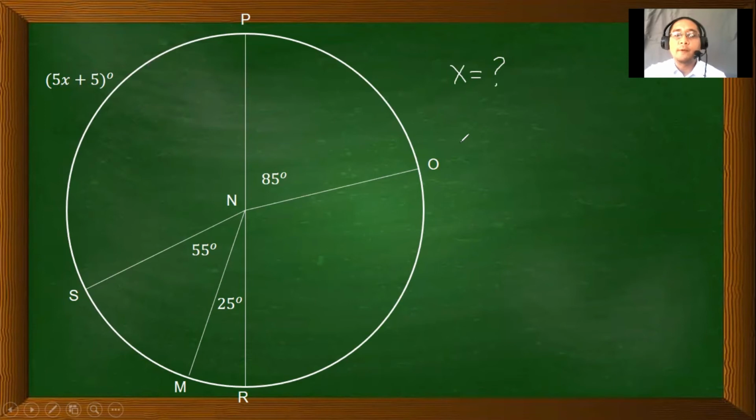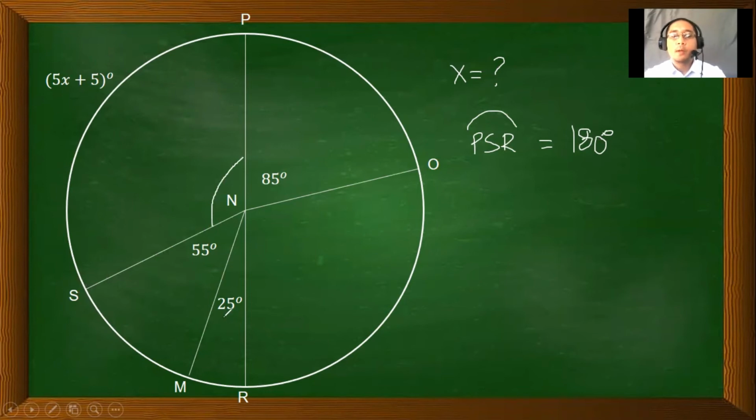Now, if you observe, arc PSR is equivalent to 180 degrees, which is a semicircle. The given item is a semicircle. So therefore, we can directly identify the measurement of SP.